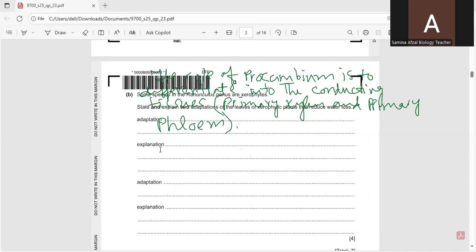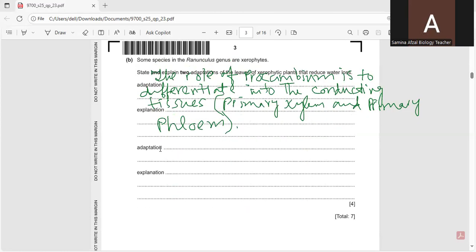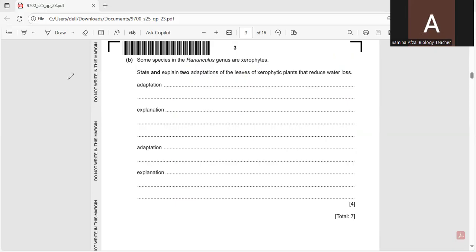Next question. Some species in the Ranunculus genus are xerophytes. Xerophytes are plants that grow where there is a deficiency of water, so they need to survive with less availability of water. The leaf adaptations primarily focus on reducing the rate of water loss through transpiration.